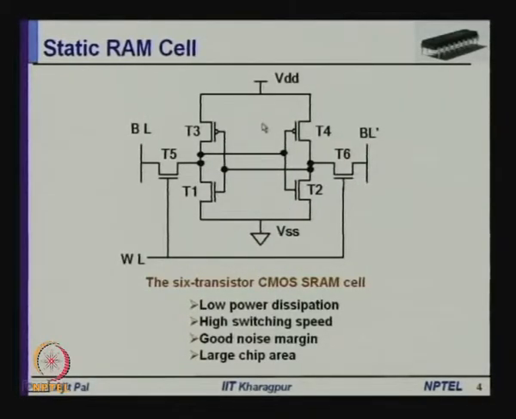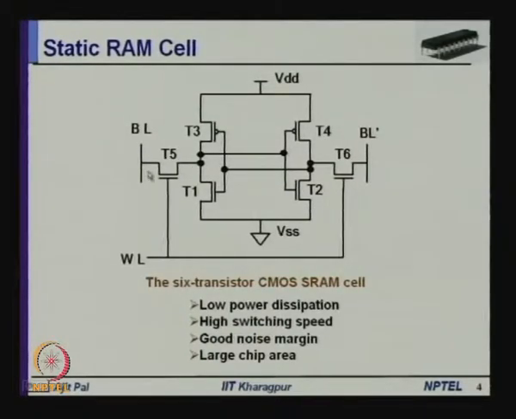So, in normal mode, as long as power is there, these inverters connected back to back will be in one of the two states. That means, output of this inverter realized by using T2 and T4 will be 1, and on the other hand the output of the other inverter realized using T1 and T3 will be 0, or vice versa.